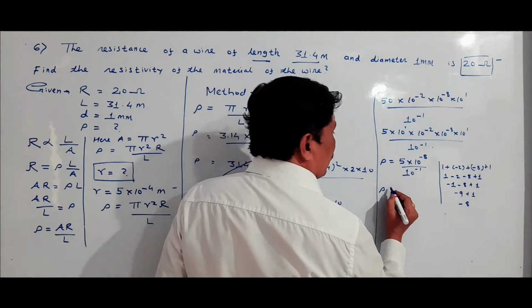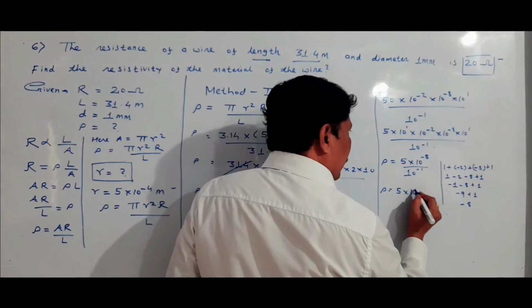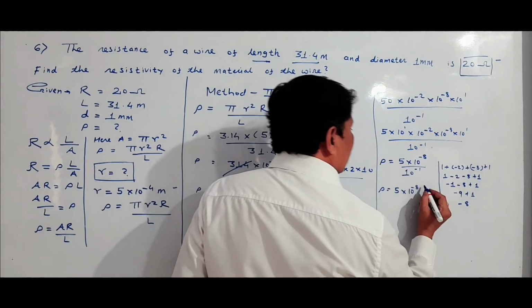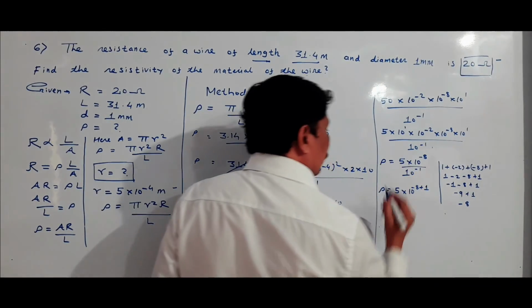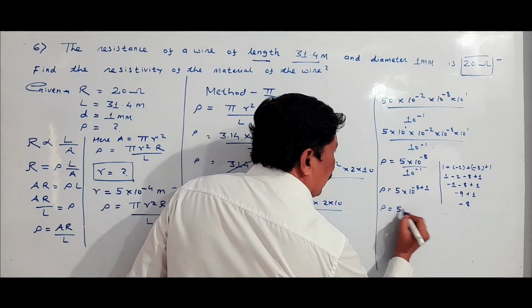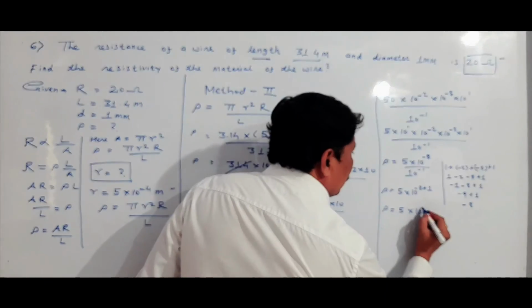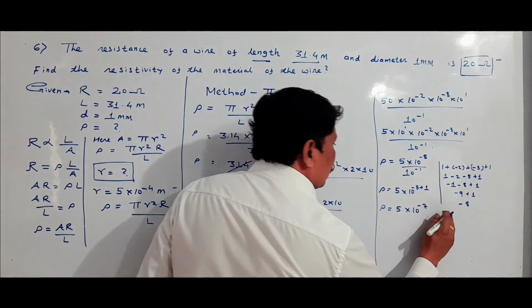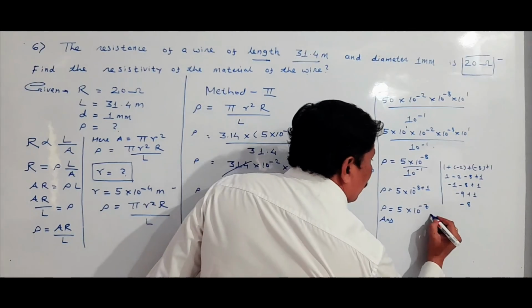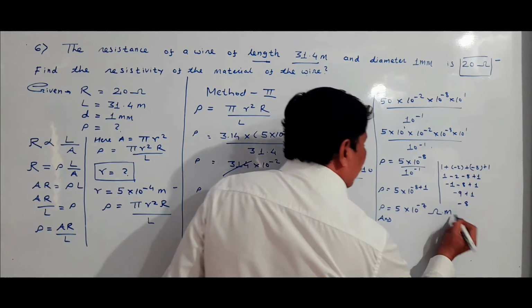So resistivity of a material is equal to 5 into 10 to the power minus 8, minus will become plus 1. So resistivity of a material is equal to 5 into 10 to the power minus 7, and the unit for resistivity of a material is ohm meter.